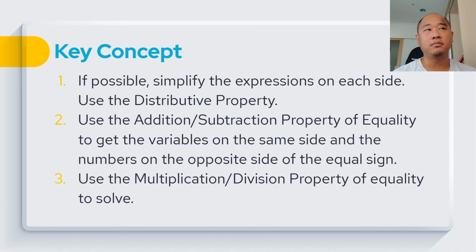So if possible, simplify the expression on each side, then use the distributive property if you need to in order to simplify as well. Then use the addition and subtraction or the multiplication and division property of equality to move variables or numbers around, but keeping both sides of the equation equal.